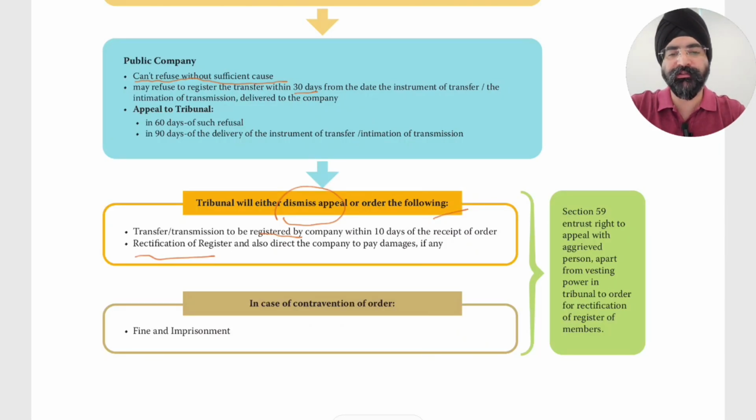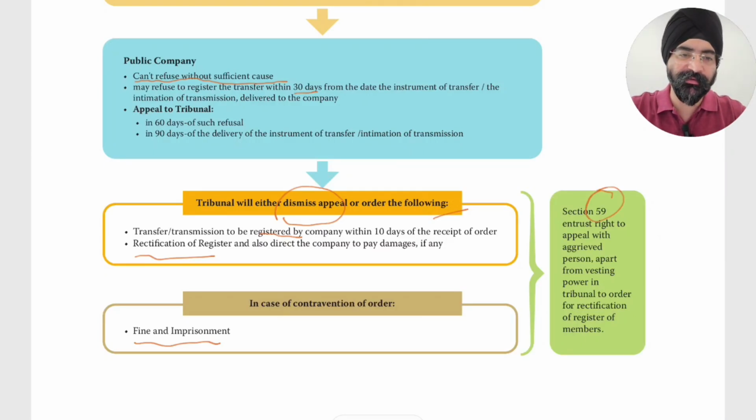In case of contravention of order, if the company refuses to comply with the order, means if it was ordered to register the transfer transmission and it has not done within 10 days, or the tribunal suggested to rectify the register of members and that is also not done, and the damages were suggested to be paid to the shareholder and that is also not done, in case of contravention of order, fine and imprisonment are provided.